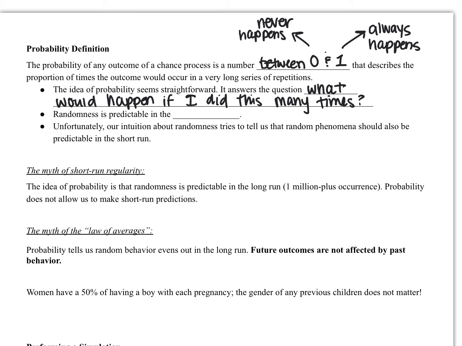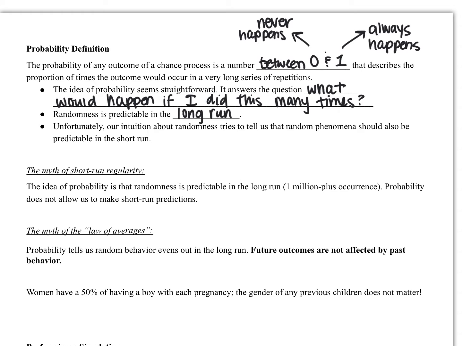And usually nowadays when they're calculating new probabilities, a calculator or a computer does it for them. Not a lot of people do this by hand anymore, but it was done by hand many years ago. So randomness is predictable in the long run. That's a key thing here, is that we have to be talking about doing it many, many times.